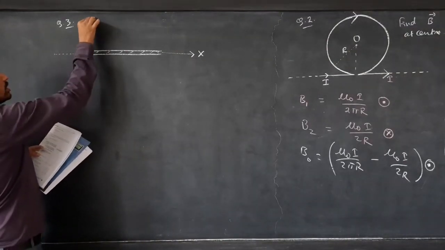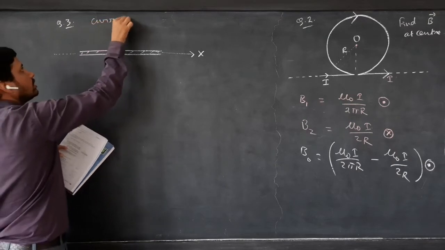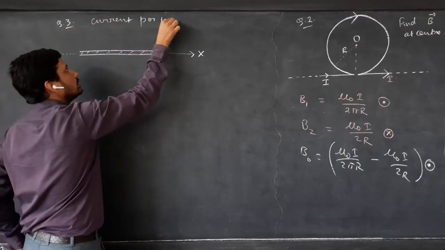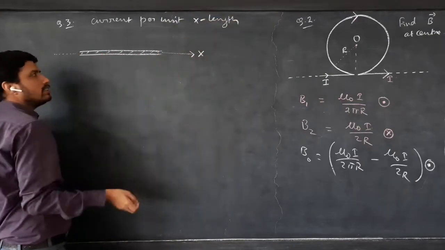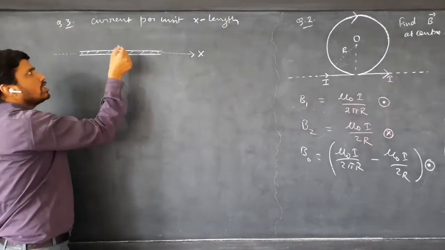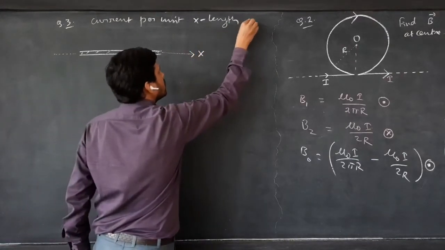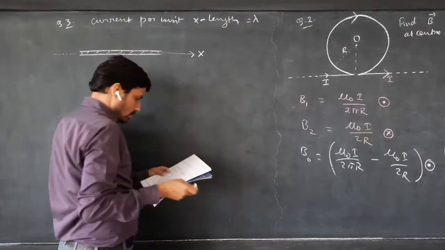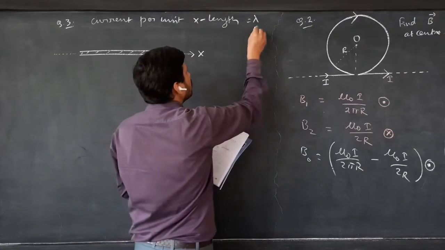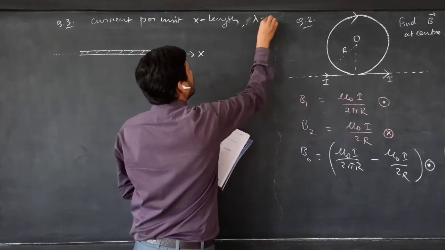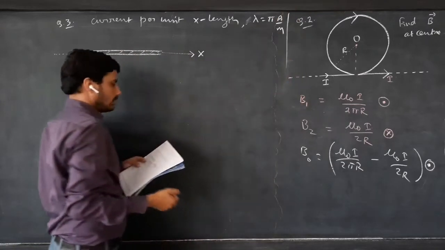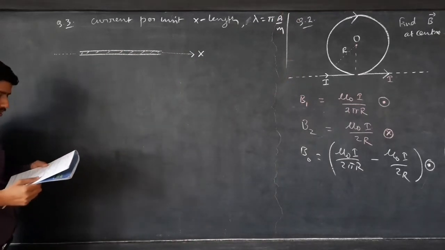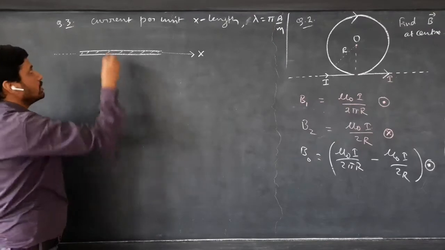Now what is given? Current per unit x length. That means along the x axis, if you choose unit length, in that the current is how much? Lambda is equal to pi ampere per meter. The current emerges perpendicularly out of the page.